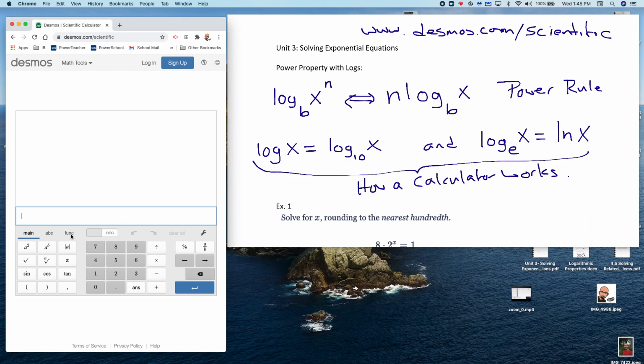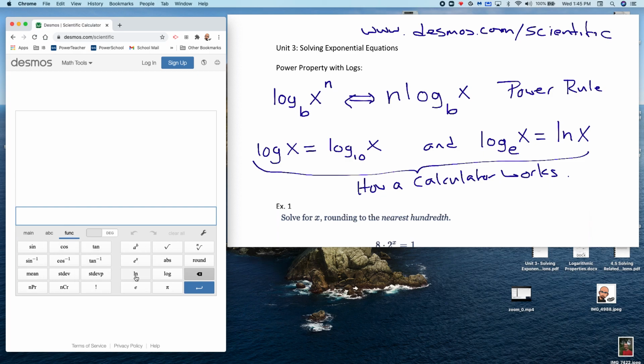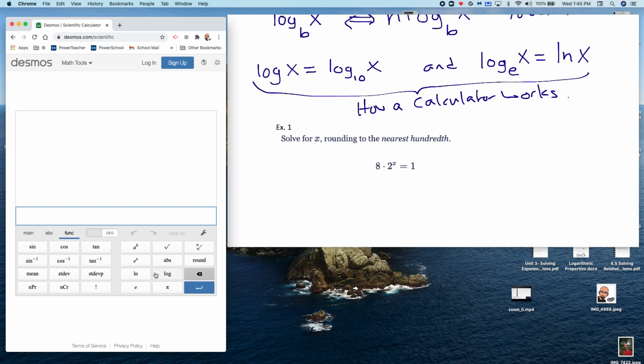If you go to functions, you'll see natural log right there and log, and it doesn't have a base, so that's base 10. So those are the two things you can use for a calculator. And I'll show you how both of them work.